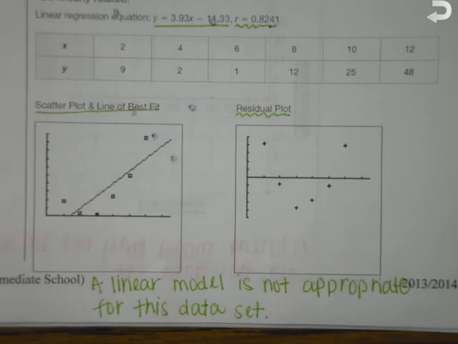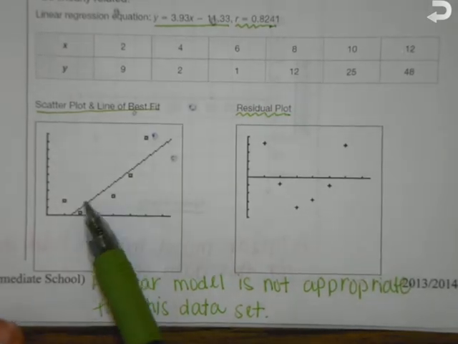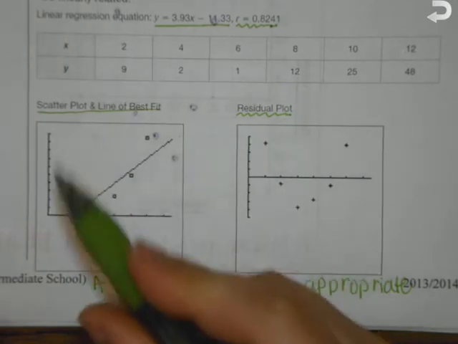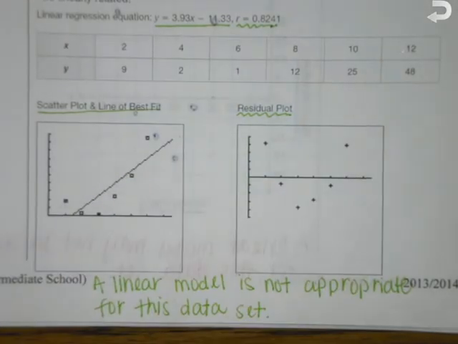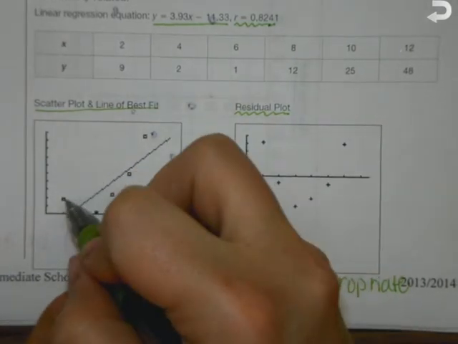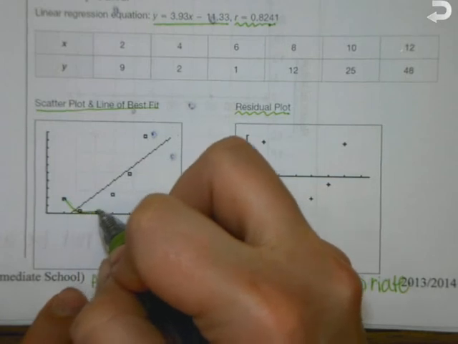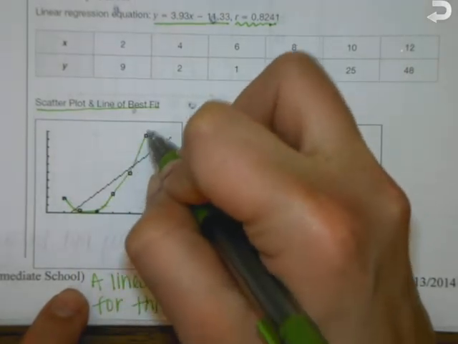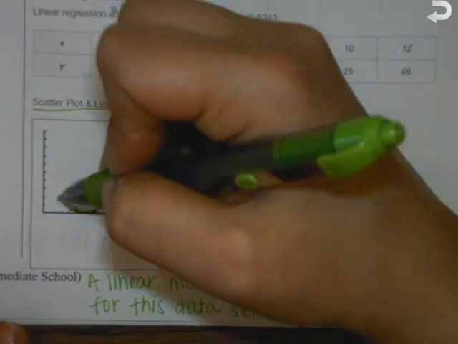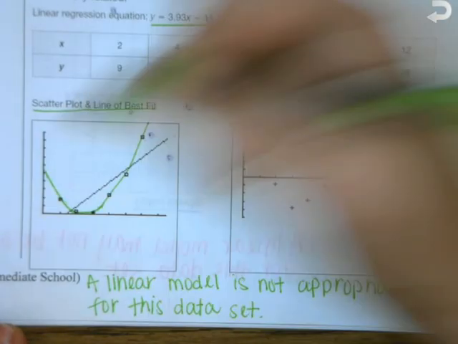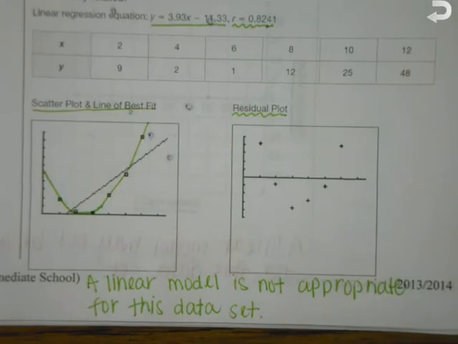I mean appropriate, like it's a good model. But you guys, look, if I were to actually connect all of my scatter plot points, now it's a scatter plot, so we're technically not supposed to do this, but if I were to connect them, what kind of shape does it make? Let's say I keep going up this way. It kind of looks like a quadratic, right? Is it linear then? Probably not, okay?